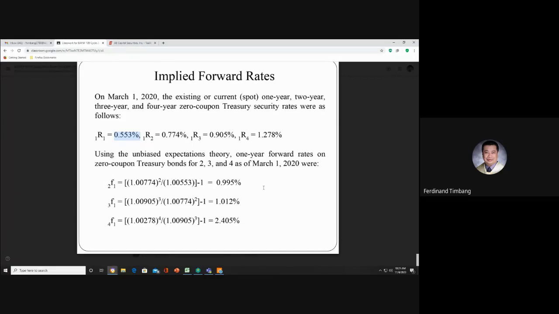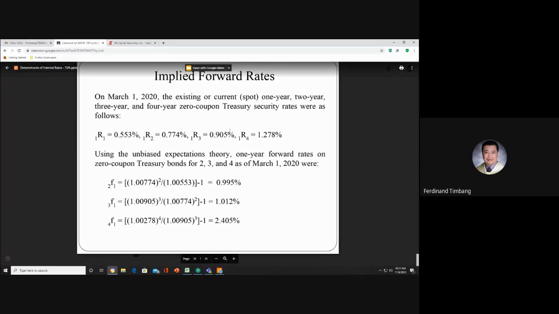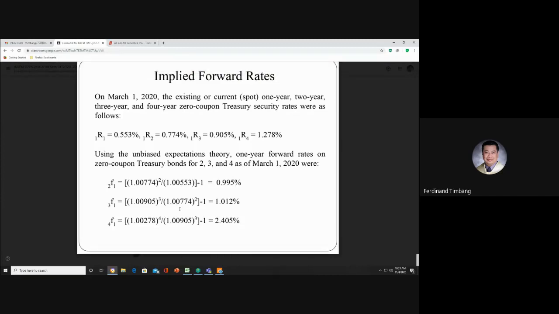0.995%. Now, for period 3 with 1 year maturity, meron tayong 1.0095, raised to power 3 because compounded siya for 3 years. Divided by 1.00774 raised to power 2, then minus 1.